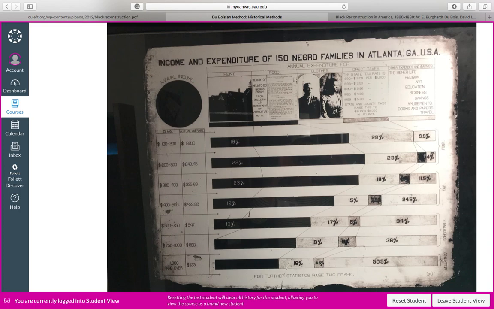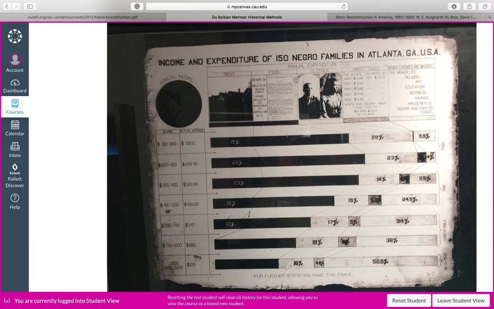So what we have in Atlanta at the turn of the century really is this expansive, well-to-do, wealthy African American middle and upper class that is really driving. That is disrupted, of course, by the 1906 Atlanta massacre.